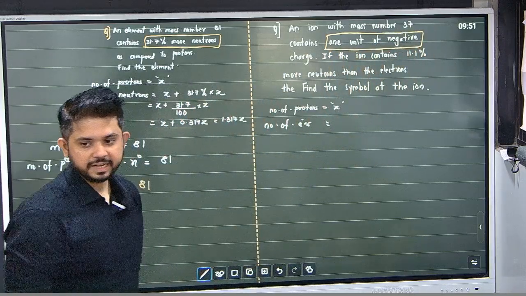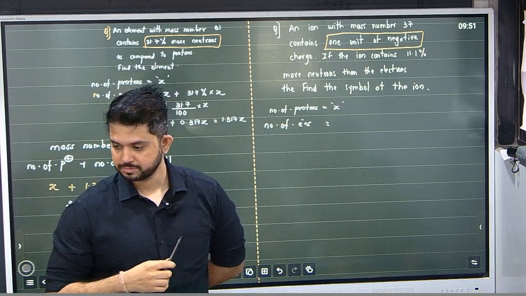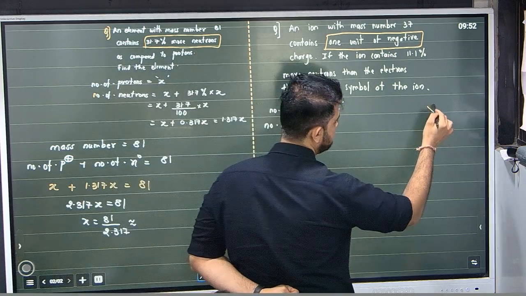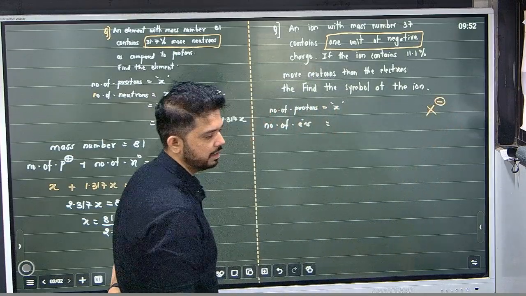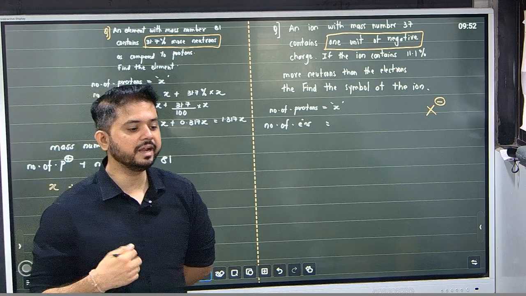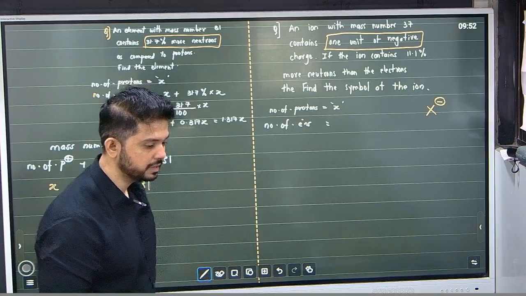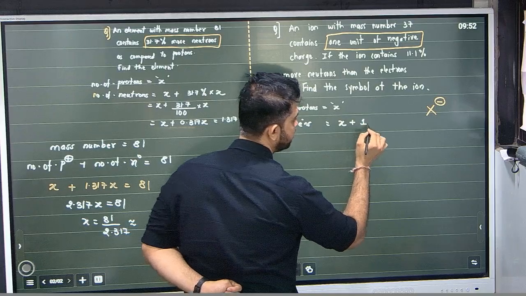They have said that it contains 1 unit of negative charge. So if the element is X, the actual ion that we have here is X minus because it has gained an electron. How many electrons will there be? x plus 1. Anyone who did not get that?